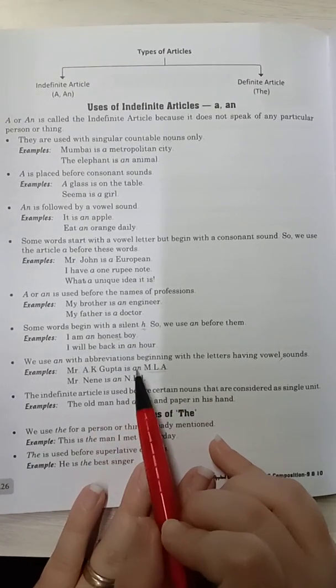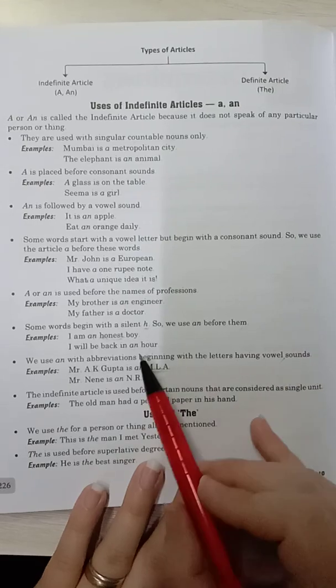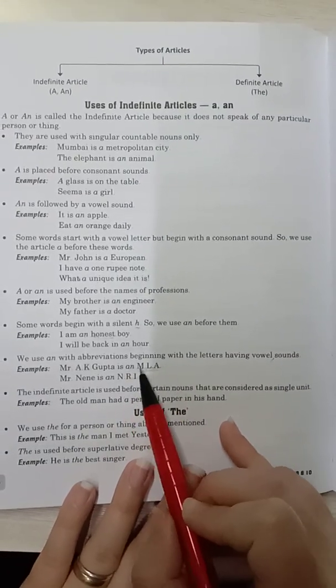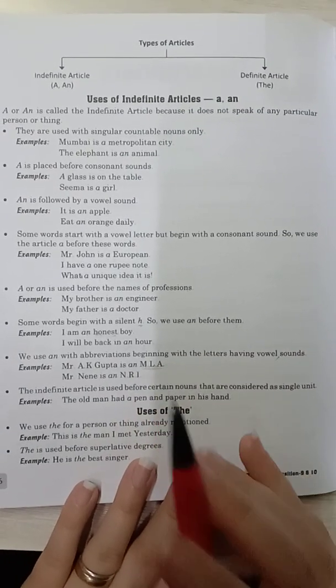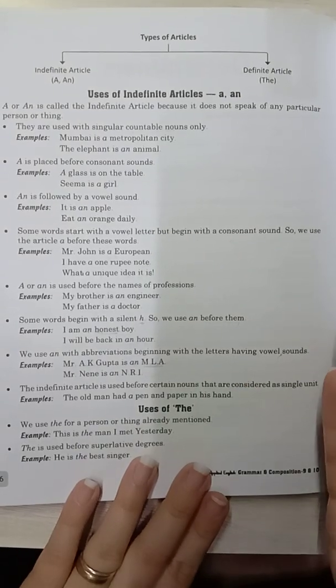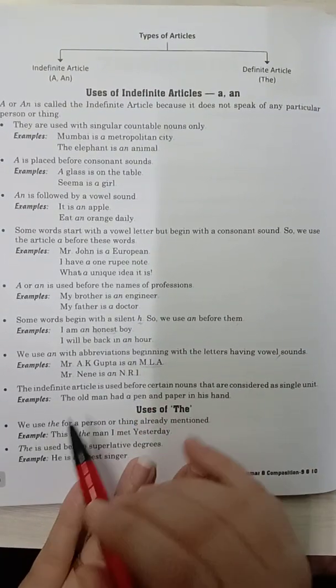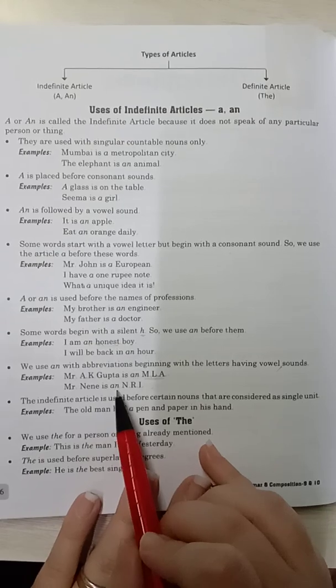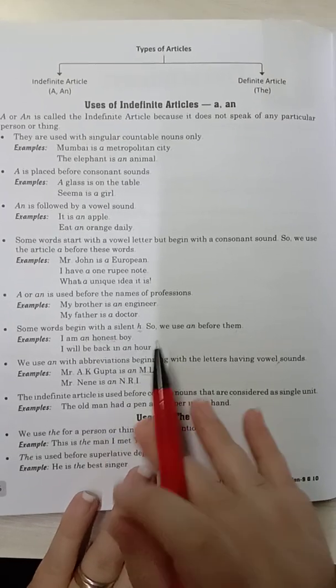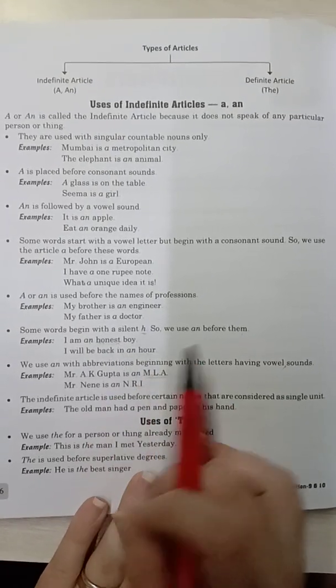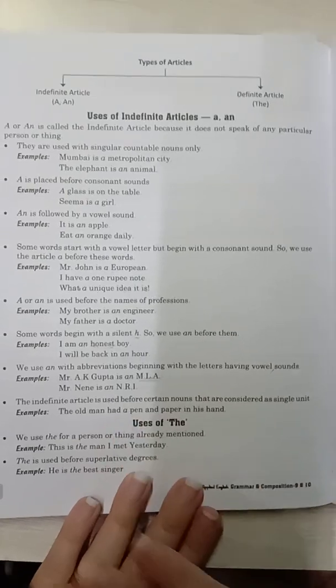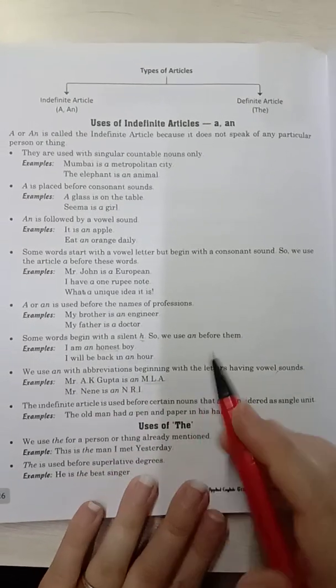Mr. A.K. Gupta is an MLA. MLA gives a vowel sound, so we have put an. Mr. Nene is an NRI. So again we have used an before N.